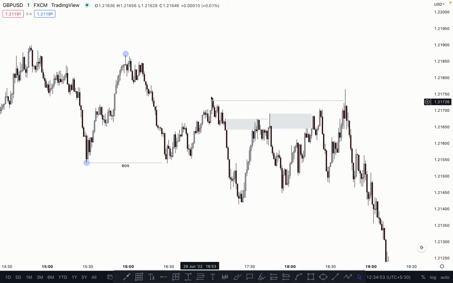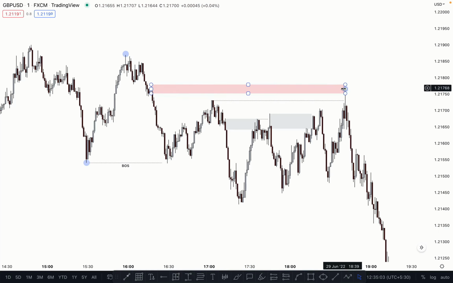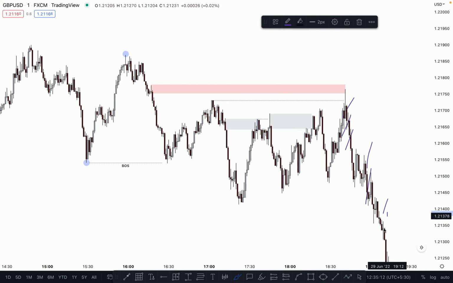So market takes this high and mitigates the left side order block, which is here. Market taps this order block and then pushes downside. After mitigating this order block, this entry is valid, and you can stack multiple entries here to here. I will discuss this in the next upcoming chapter, as I told you.